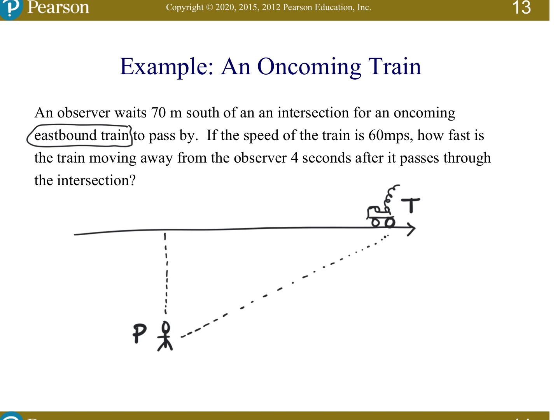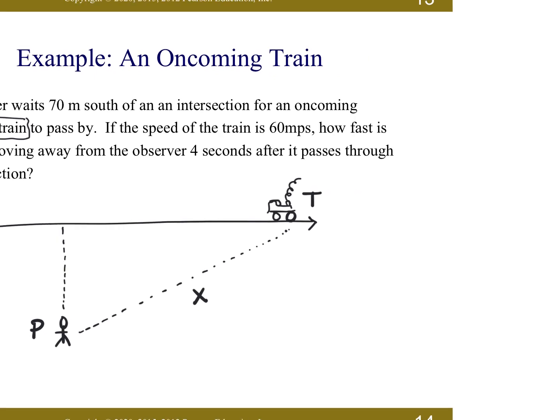Right, how fast is the train moving away from the observer? And so we're talking about the distance between the actual train and the observer, so we can call that x. Alrighty, geometry. x squared equals T squared plus P squared.